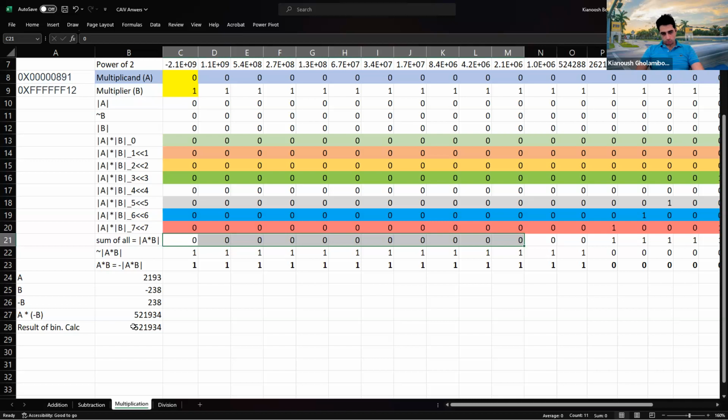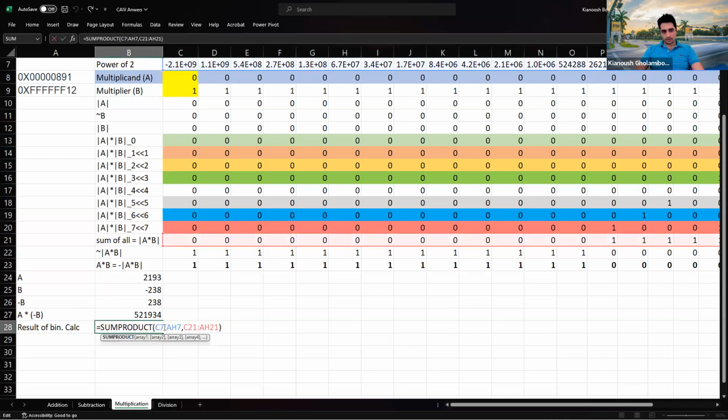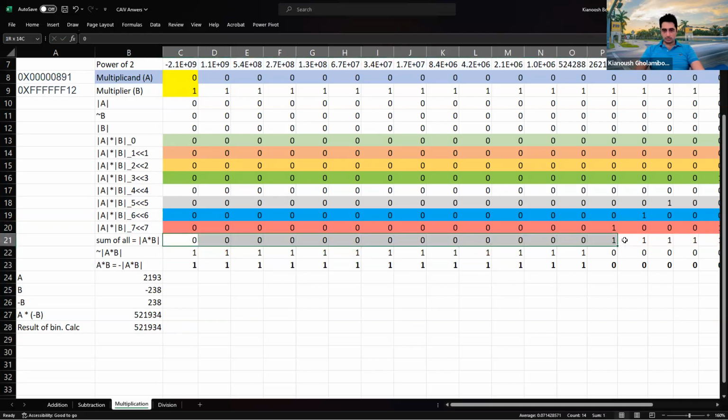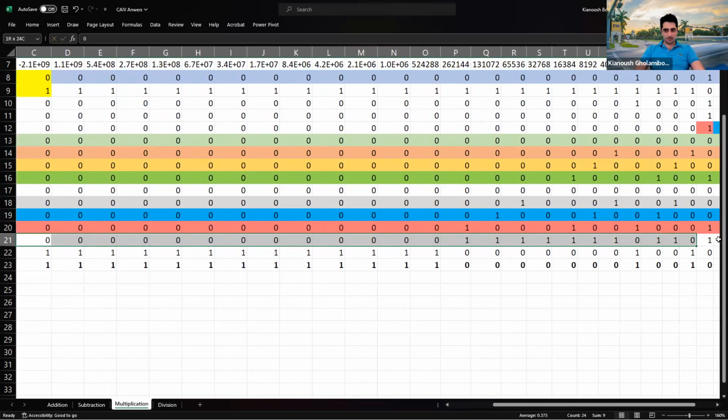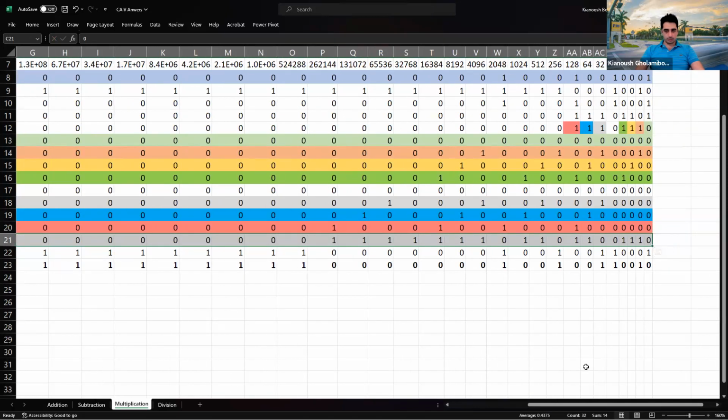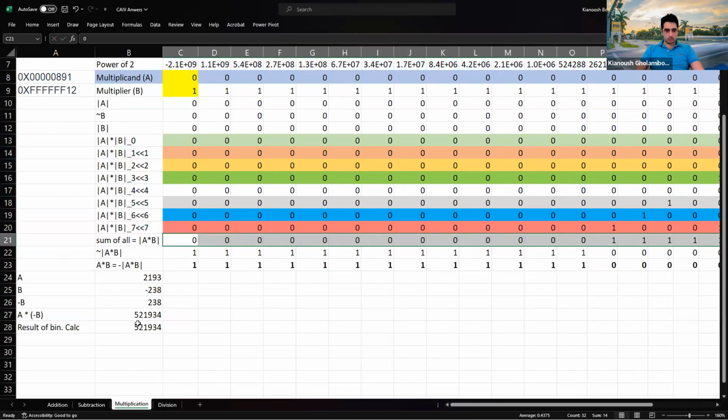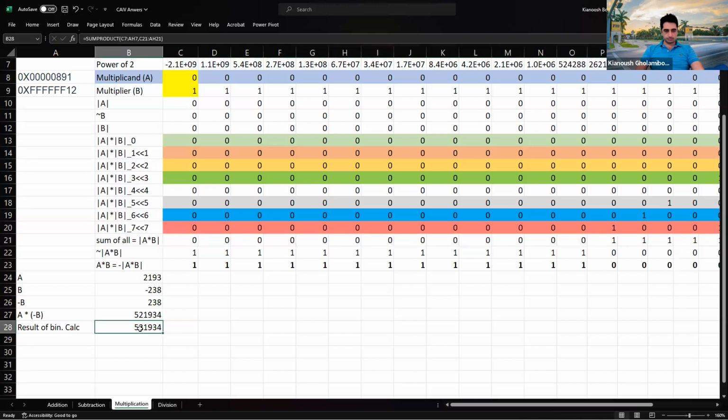And just to prove it, I will do this. Look at that. This is the sum product of row C7 and row C21. C7 is the power of 2. C21 is the one that we just calculated by hand, right? And the answer would be this, right?